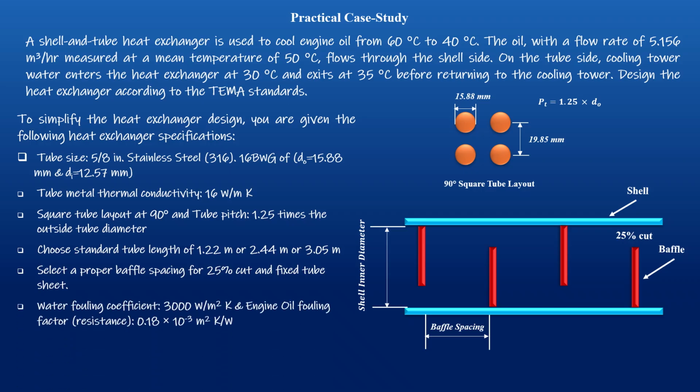And finally, we have the water fouling coefficient of 3000 watt per meter square Kelvin. And for engine oil, we have the fouling resistance, that is 0.18 times 10 to power minus 3 meter square Kelvin divided by watt.